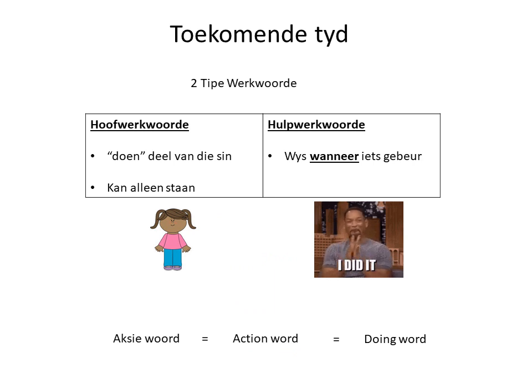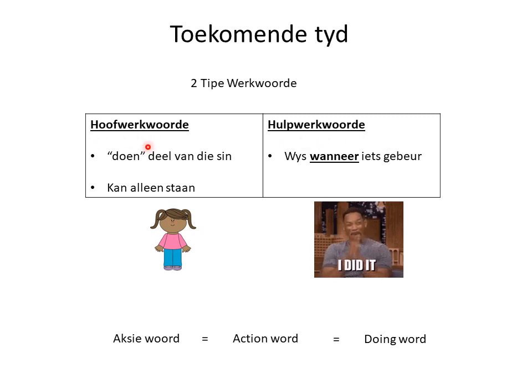There are two types of werkwoorde, and we're going to go into it a little bit in order to help us later on. The first type is a hoofwerkwoord, and the second type is a hulpwerkwoord.